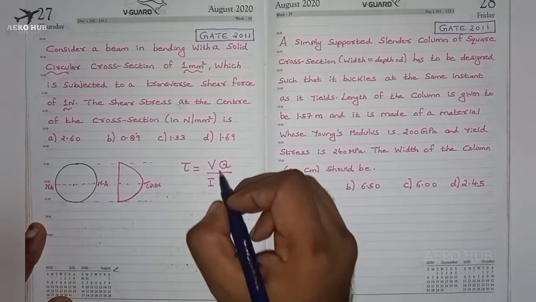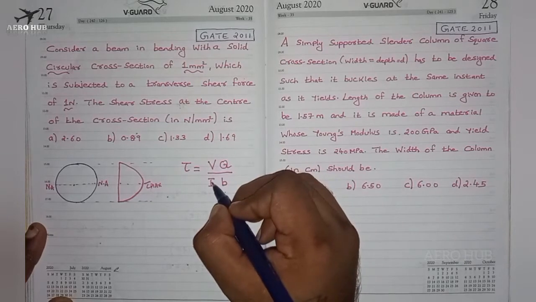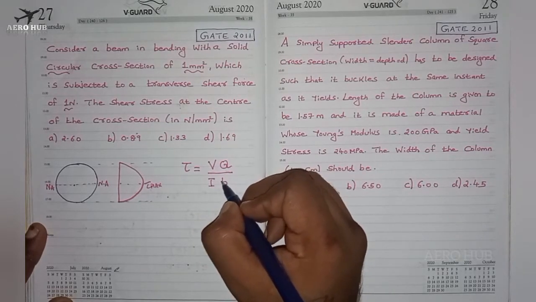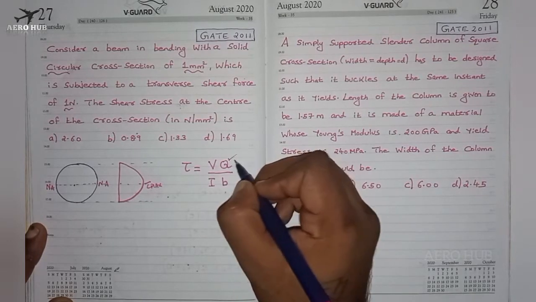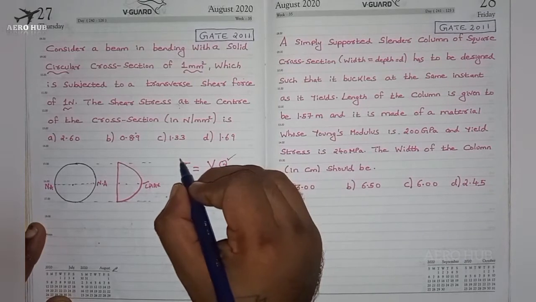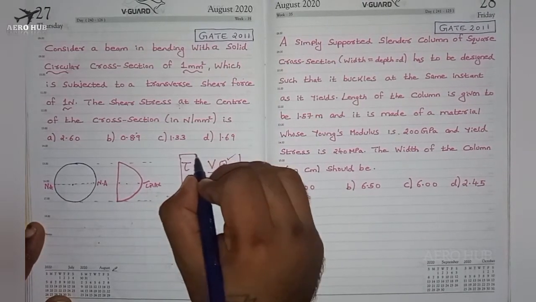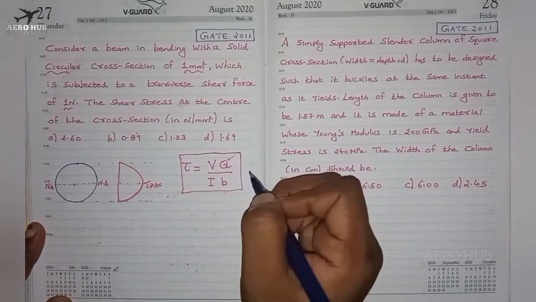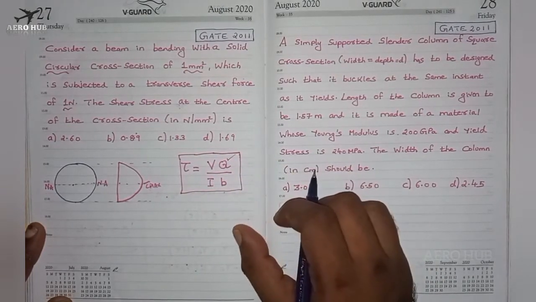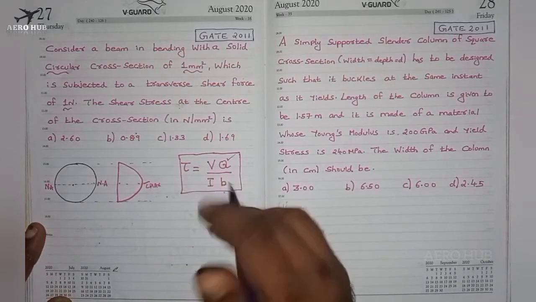So we have the value of shear force, we have to find out the value of moment of inertia, then we have to find out the value of first moment of area. This is really a complicated task. If you are solving using this method, it will be very complicated. But we have a direct formula to find out the value of shear stress at the center of the section, which we derive from this formula.